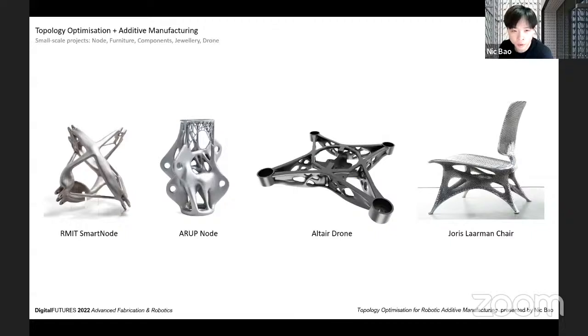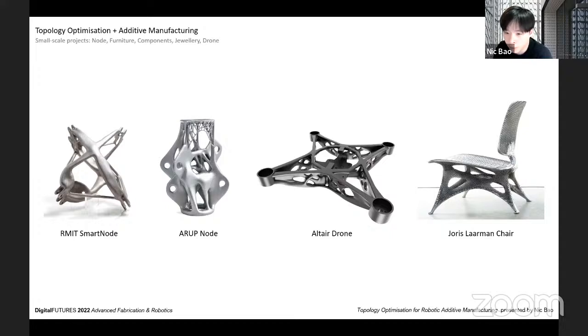And now more and more people are using topology optimization methods together with additive manufacturing, but mostly they design and fabricate small-scale projects, including the MIT smart nodes, Arab nodes, and also this jaw and the chairs.